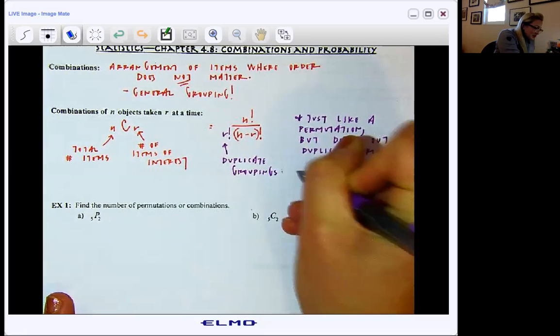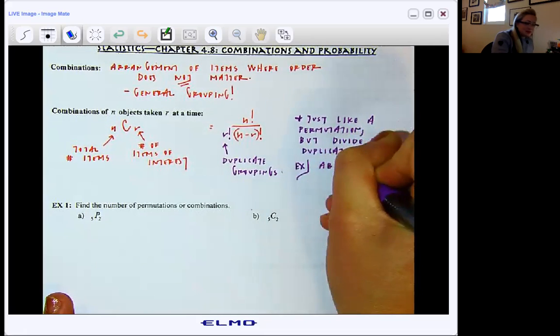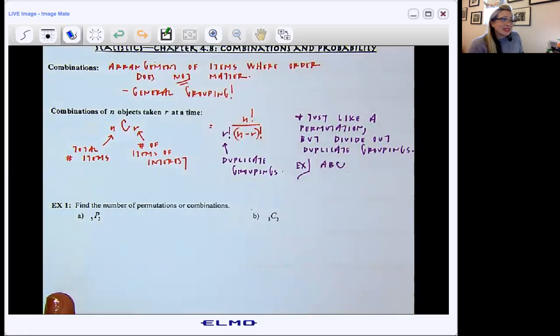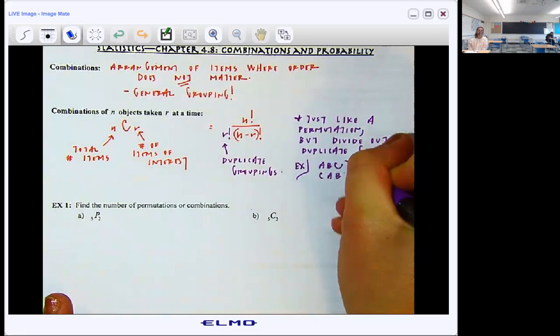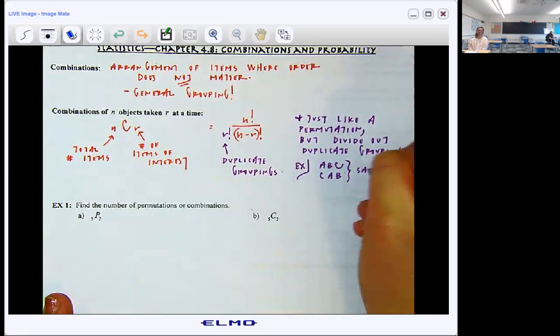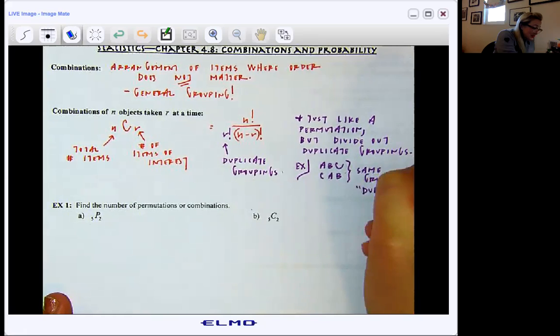So for example, if I have group ABC, that is the same group as CAB. It's a duplicate.